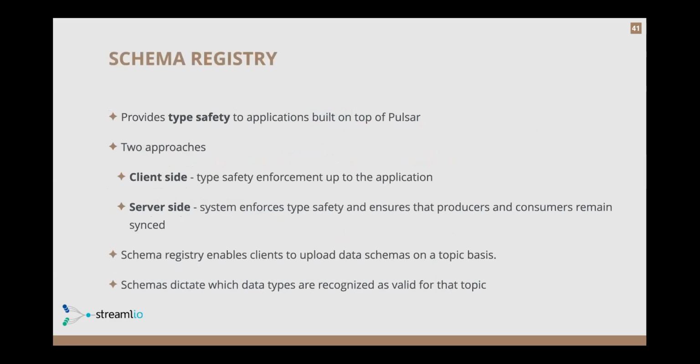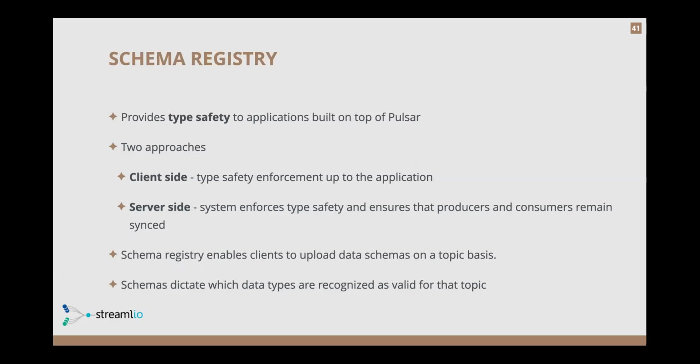There's also the concept of a schema registry, which I'll just touch on briefly. It provides type safety of applications on Pulsar. So underneath the covers, everything is just sent as bytes. And so if you're a producer and a consumer, you obviously want to deserialize those bytes back into something more useful. And the schema registry is how you specify or determine what those bytes in the topic actually should be turned back into.